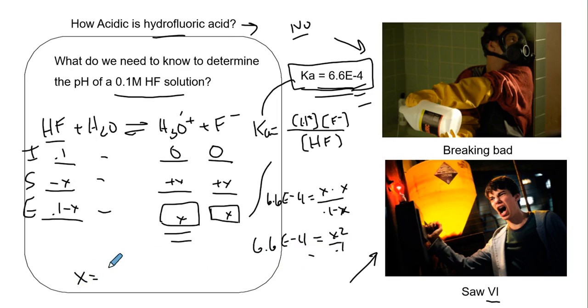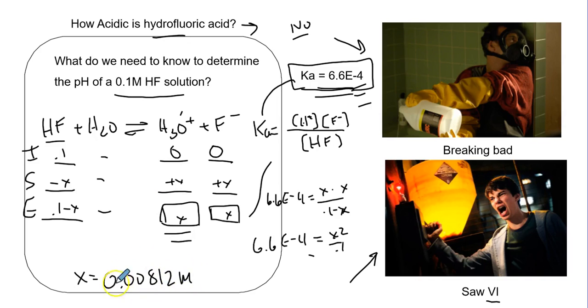It's always the same: 6.6 e to the negative fourth times 0.1, and then we square root this. And I get 0.0081, I believe, and that's moles per liter.